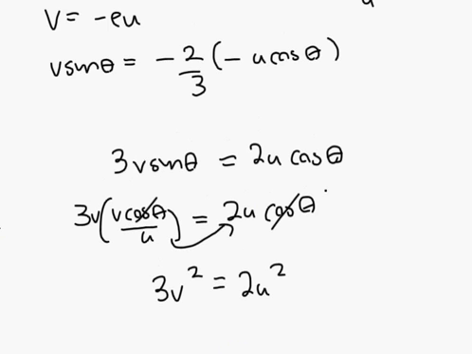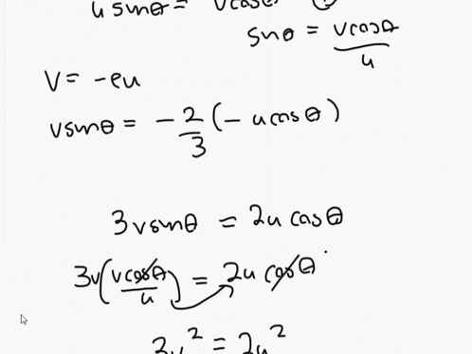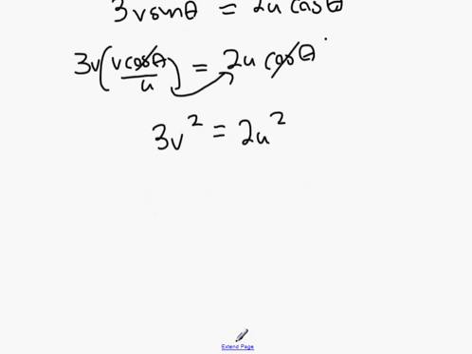Okay, question is directly relating. Calculate the fraction of kinetic energy lost during impact. Calculate that fraction of energy, okay? So we're going to do KE before and KE after.